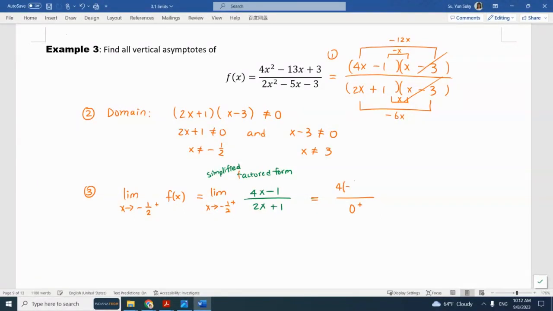And other factors we plug in. So 4 times minus 1/2 minus 1. When you're plugging in, no matter what the number is, if x is going to it from the positive side, the factor also goes to 0 plus, as long as the leading coefficient is positive.